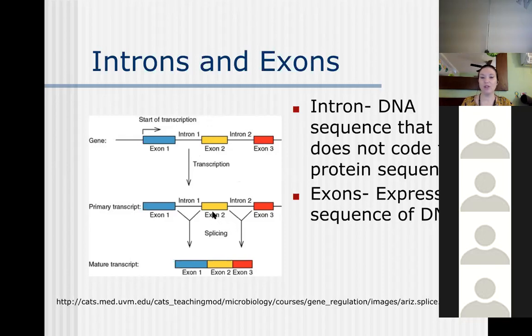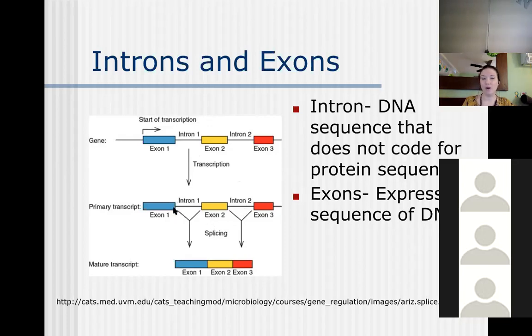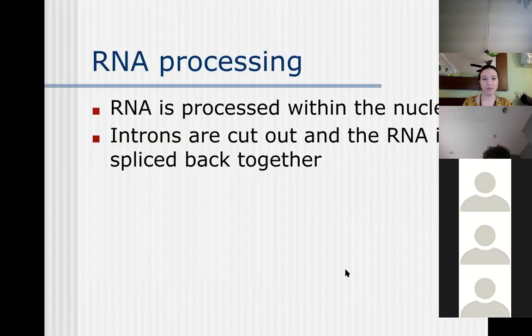It could be leftover from evolution, parts that you used to use but don't use anymore. However, those pieces are spliced out by enzymes and the exons are stuck together. And that's your mature mRNA, and that's what's going to leave the nucleus. So go ahead and write that part down.